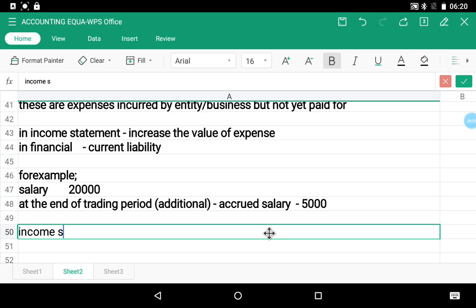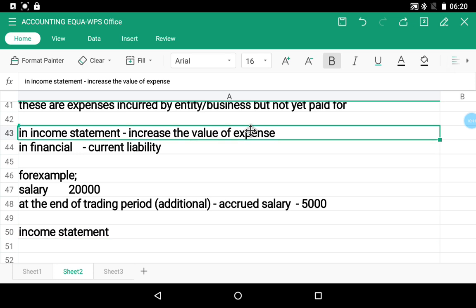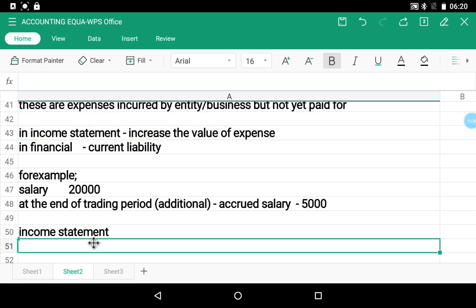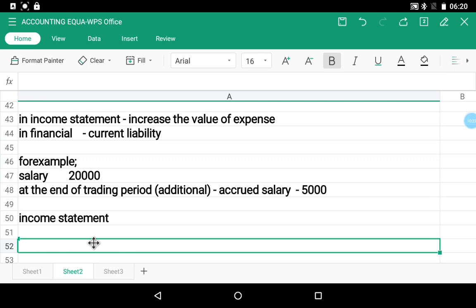But when you check here, they have told us in the income statement, accrued expenses increase the value of expenses. So assume here we have calculated net sales.